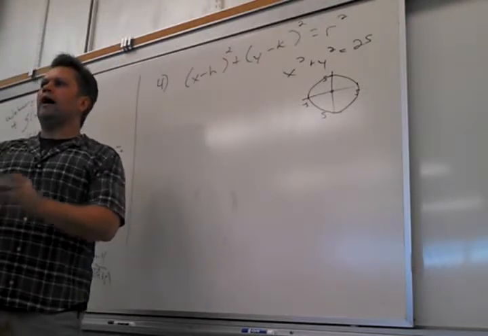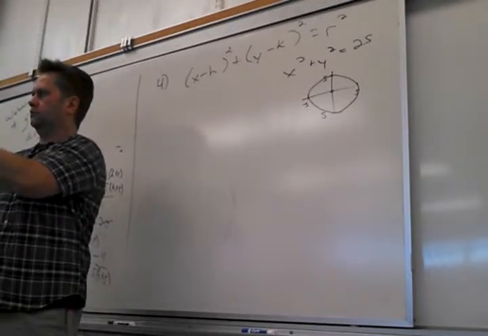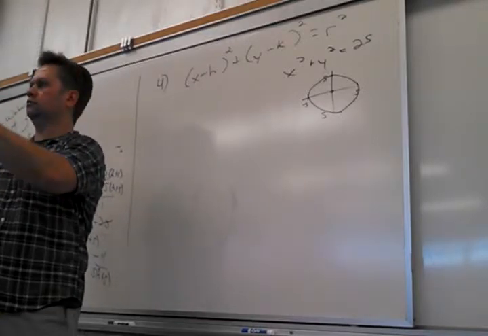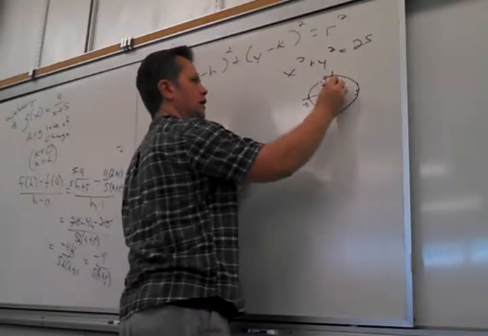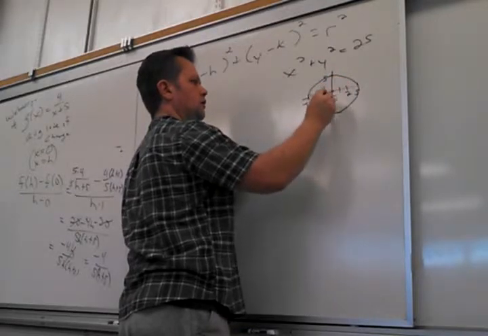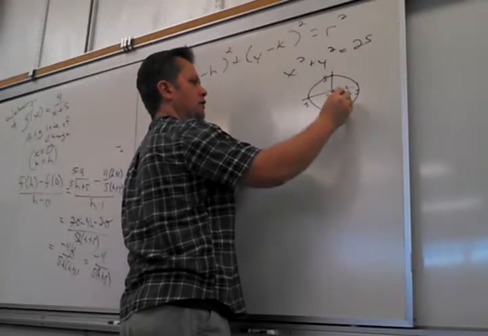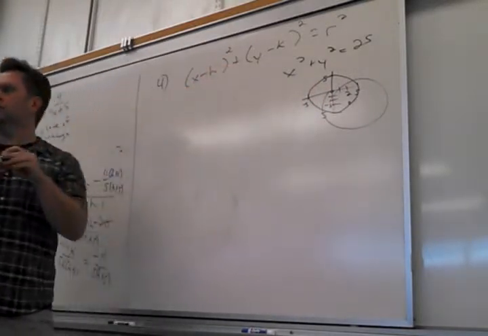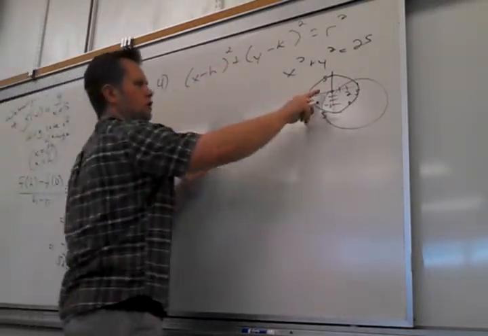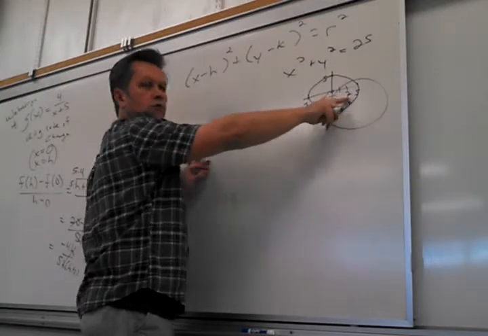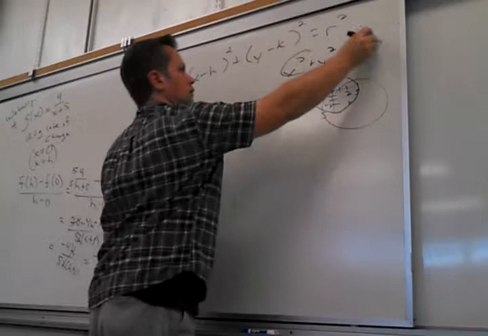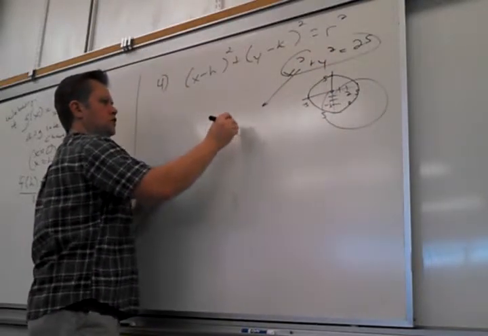Just deal with it. If I move the center, if I transform my circle, and let's say move it to 2, negative 3. I want that to be the center now. What's going to happen to my function? I want to move it positive 2. So what's gonna happen up here? X minus 2. I love it.